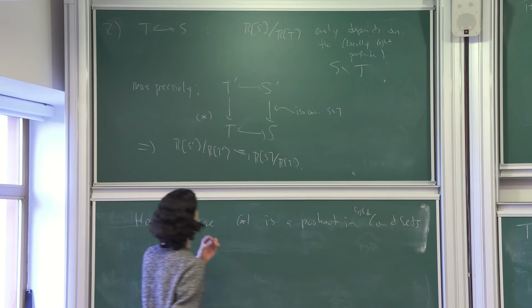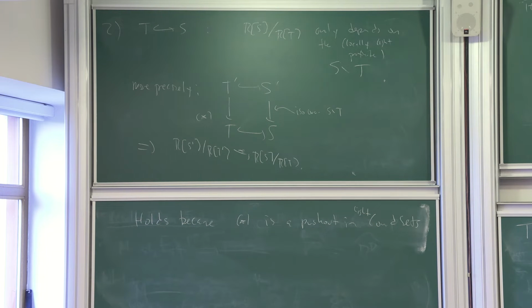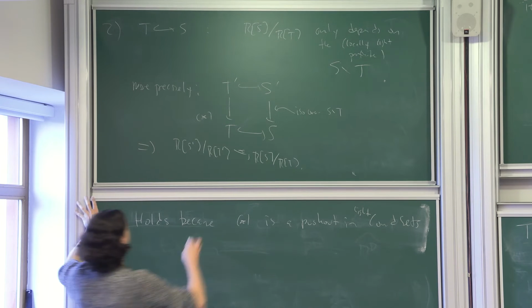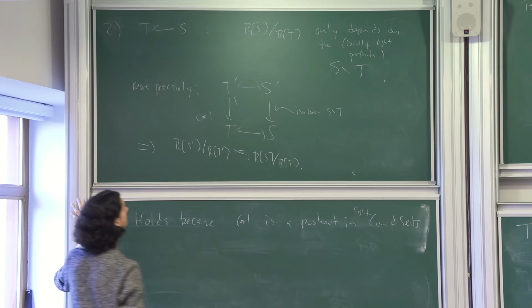A little exercise you can see using the definition of the Grothendieck topology. Yeah, I wanted to assume it was a pullback.